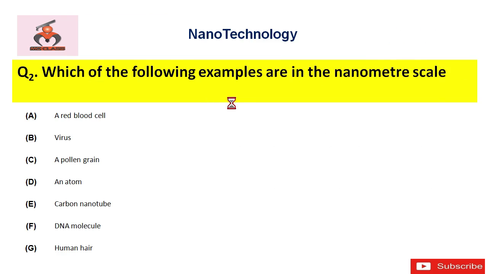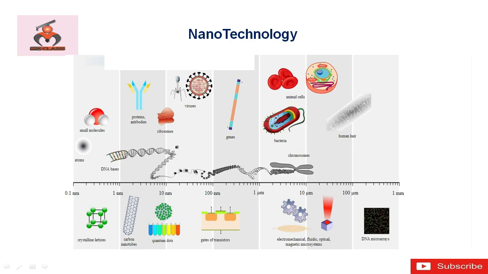Next one is, which of the following examples are in the nanometer scale? To cover this question, I have already shown you one figure. Let me go to that figure. Here animal cells are in the range of 1 micrometer to 10 micrometer. Human hair is in the range of 100 micrometer, that is 1 lakh nanometer.